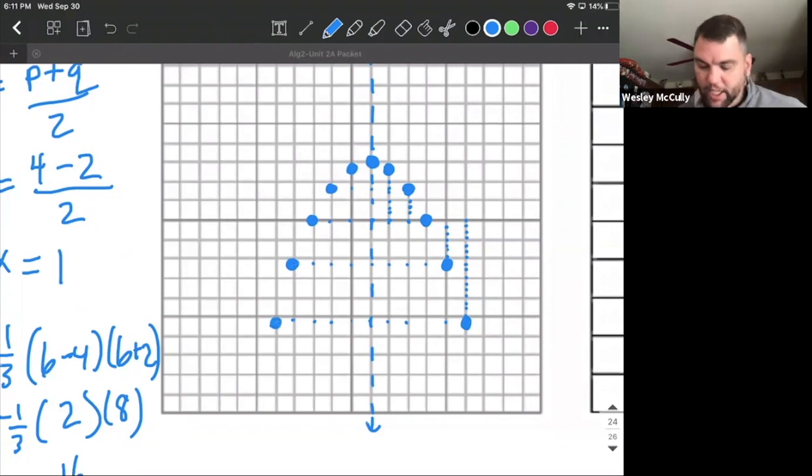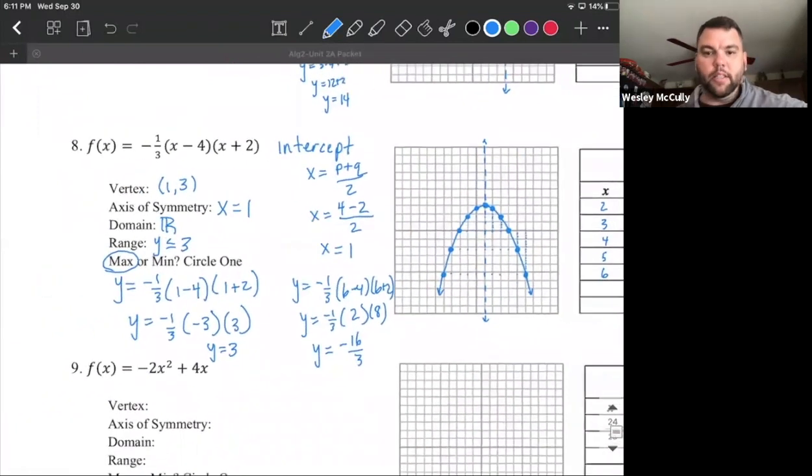Nice little reflection. And as you can see, the more dots you have, the nicer your parabola will be. Okay. That's a good looking parabola.